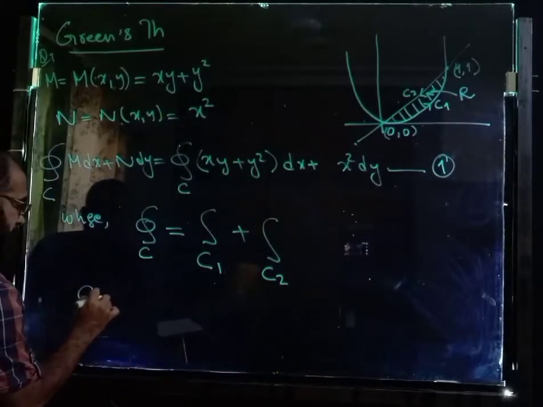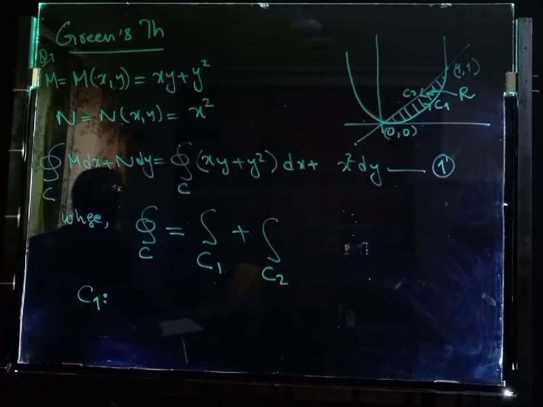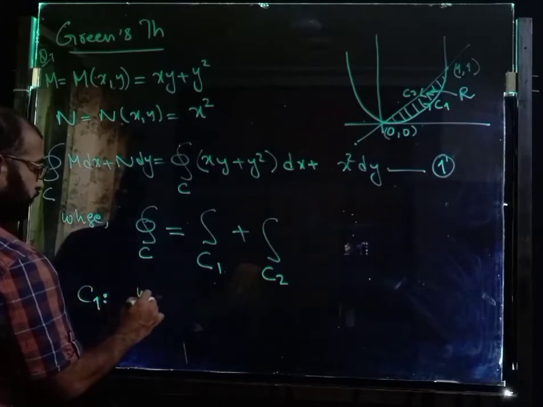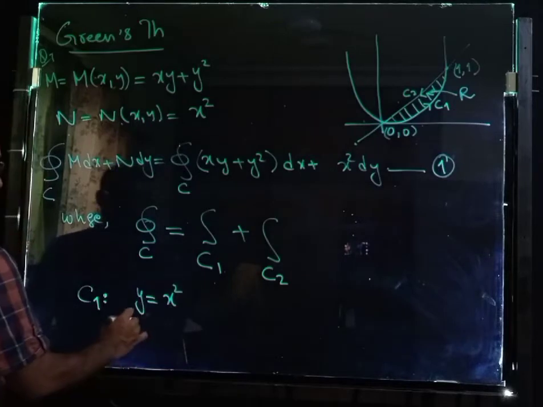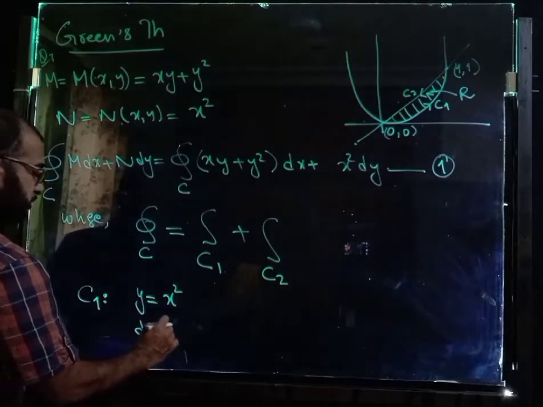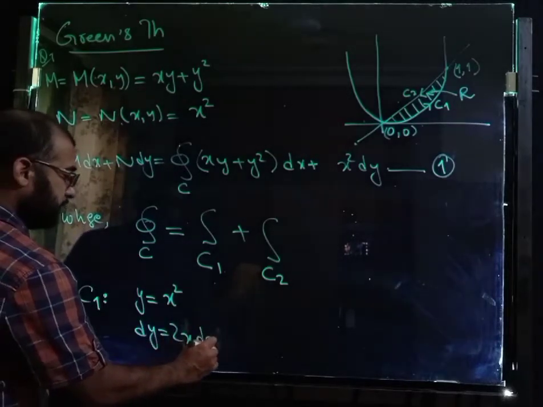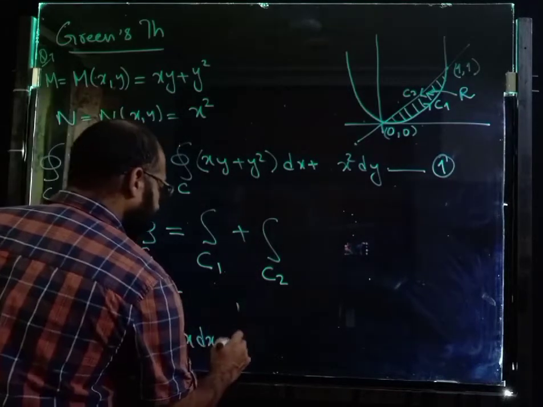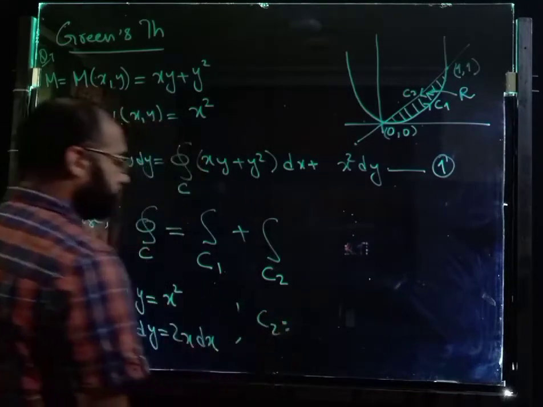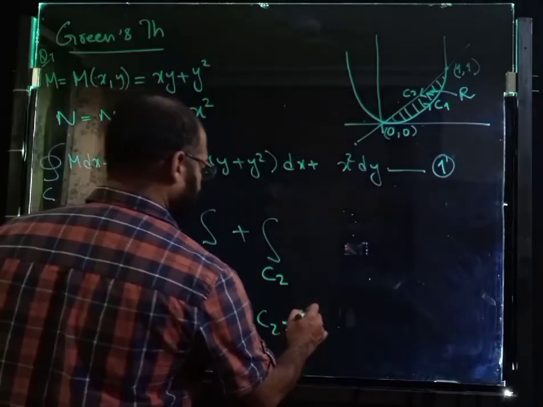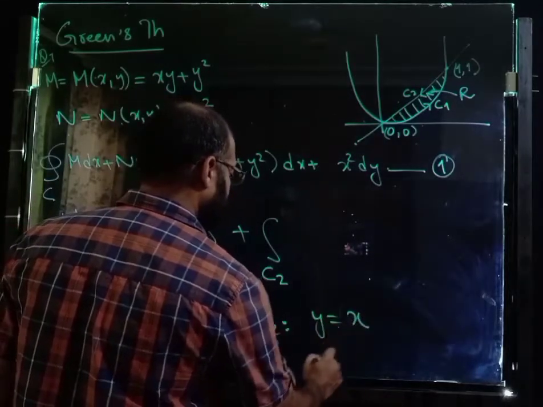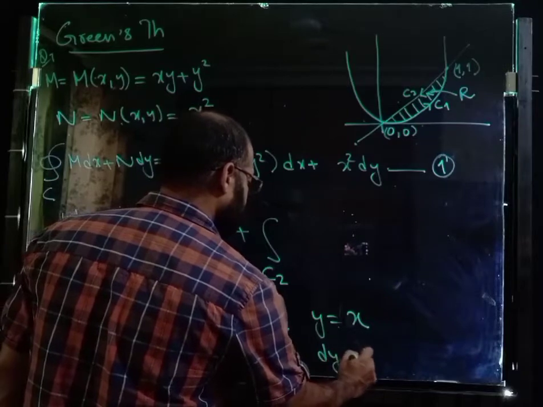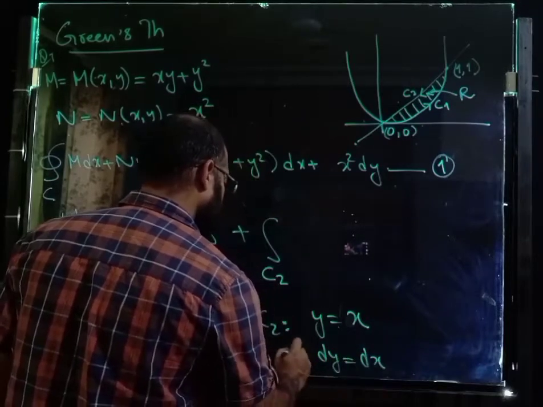Along the curve C1, the equation is y equal to x square, so dy is 2x dx. And for the curve C2 we have y equal to x, so dy equal to dx.